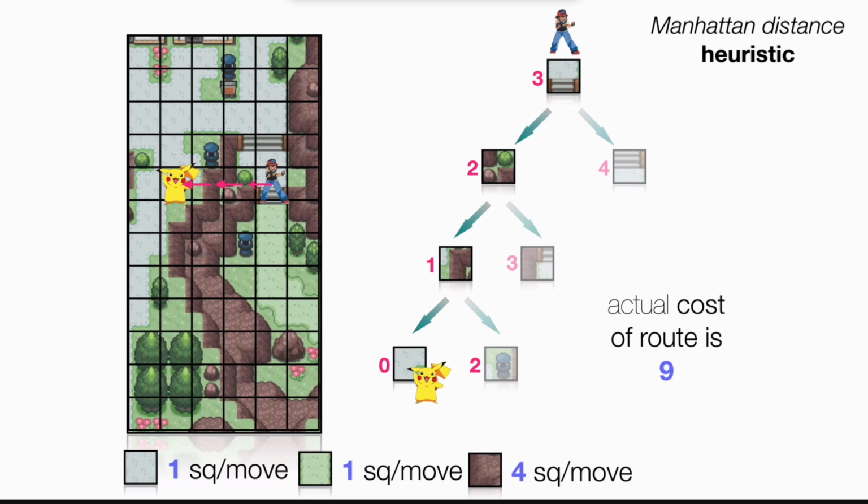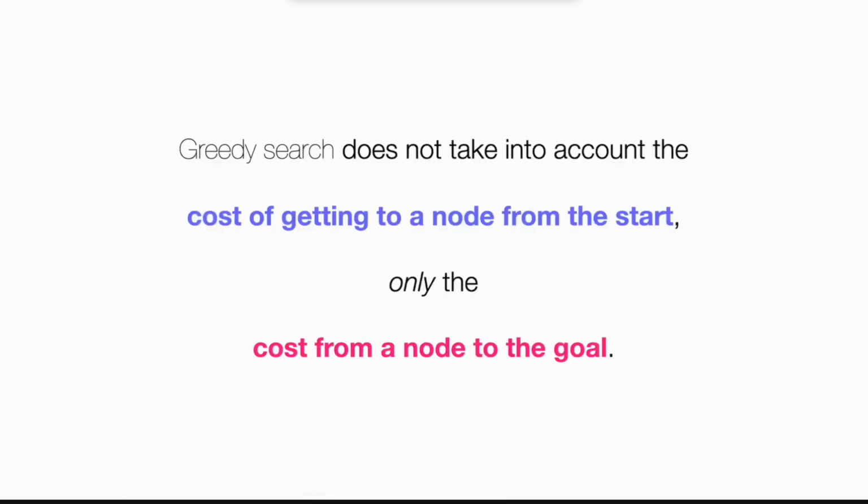And so we can be a bit more precise here. When we look at greedy algorithms, or best first search or greedy search, what we can say is that greedy search does not take into account the cost of moving from the start location to a particular node. It only looks at the estimated cost of moving from that node to the goal.